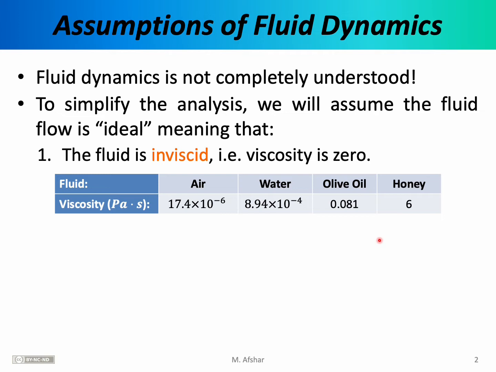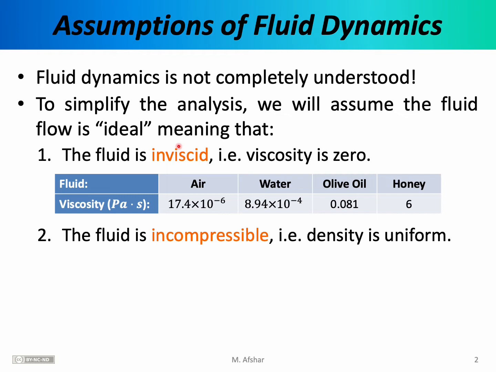There's a large amount of friction between the molecules, and therefore the viscosity of honey is quite high. The physics and the equations that we'll develop over the course of this and the next lecture will be applicable to air and water, but they will have large margins of error when applied to olive oil, and they are not at all applicable to honey.